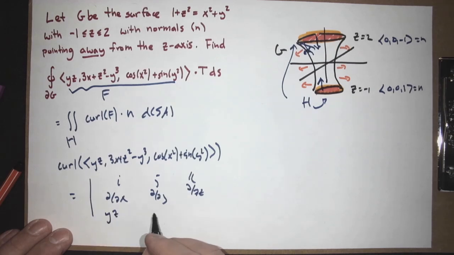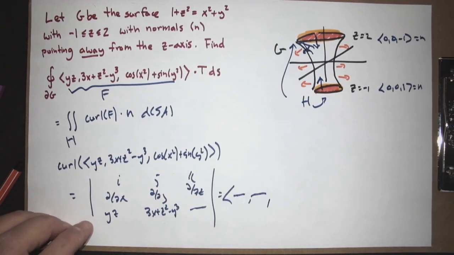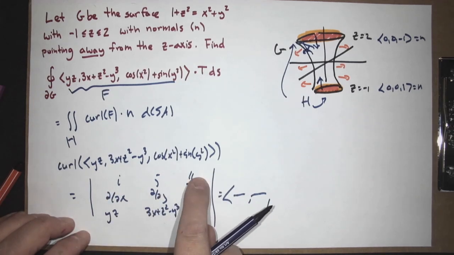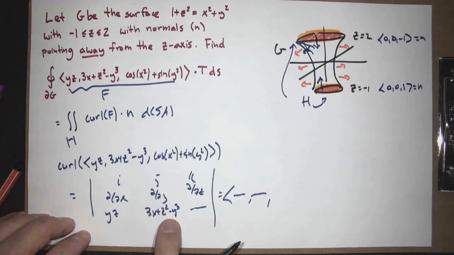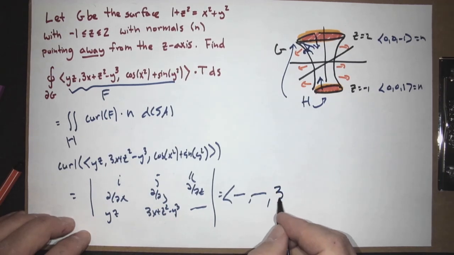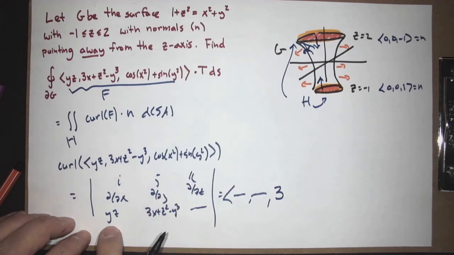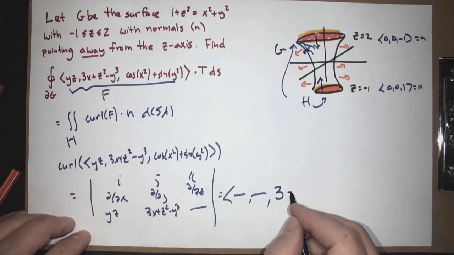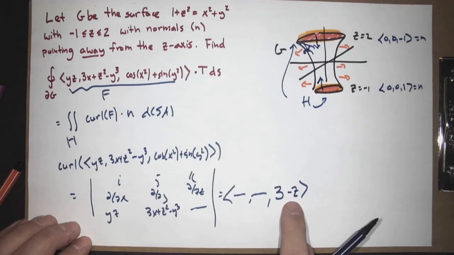And y z, 3x plus z squared minus y cubed, and I don't care. This is the I don't care symbol. All right, for k, we have partial x of 3x plus z squared minus y cubed, which is 3. And we also have partial y of yz, which is z, and then we subtract that. So it's 3 minus z.